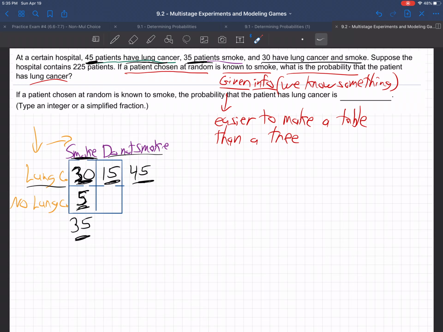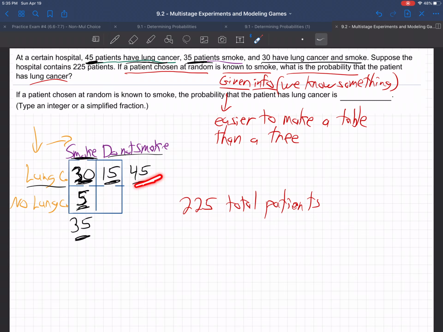And now we have the last box. What goes there? How are we going to figure that out? Well, they told us there's 225 patients total. We haven't used that fact yet. All the numbers in this box must total 225.